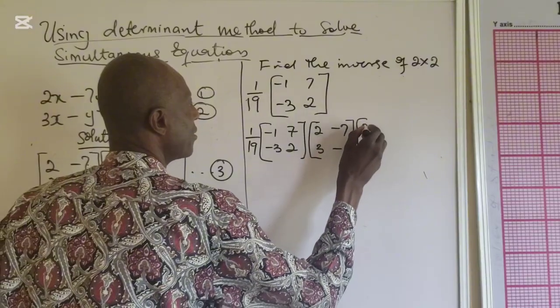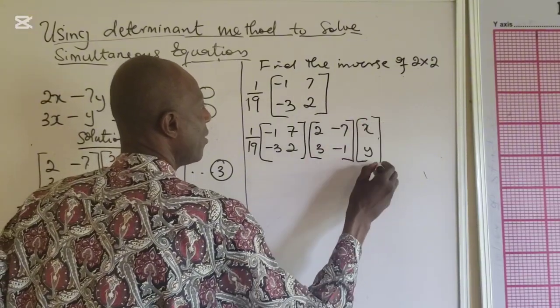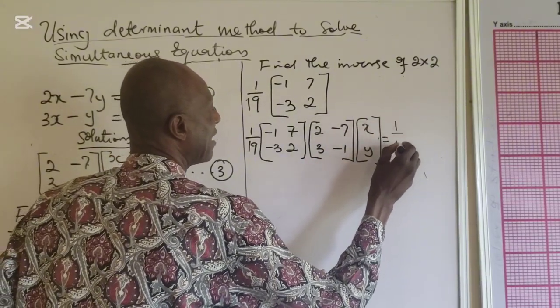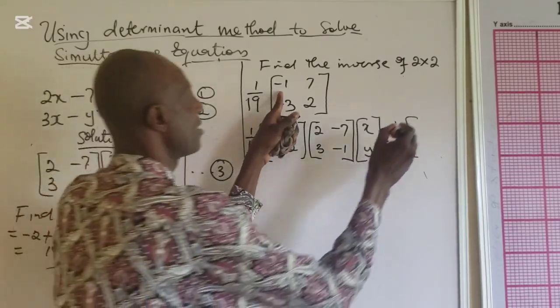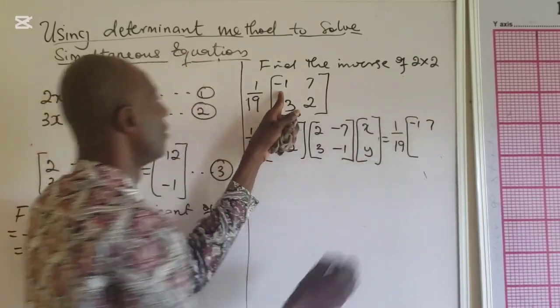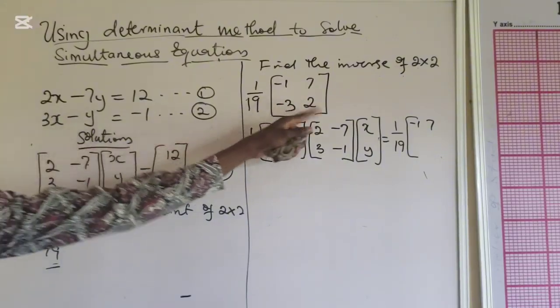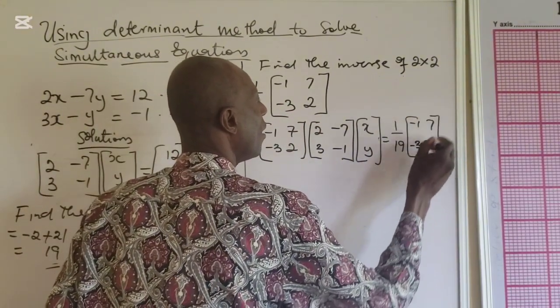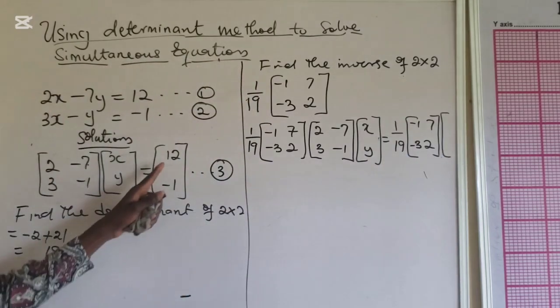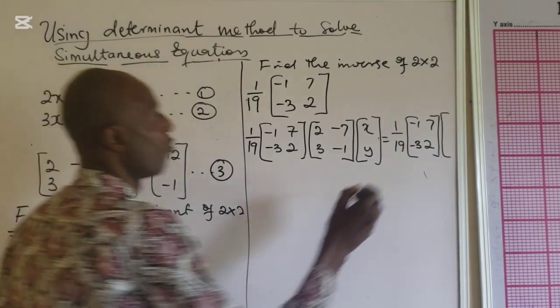We have x and y equals to 1 over 19 into minus 1, 7, then minus 3, 2, into 12 and minus 1.